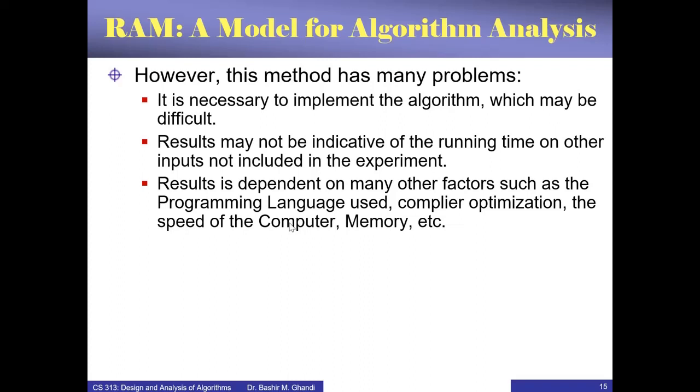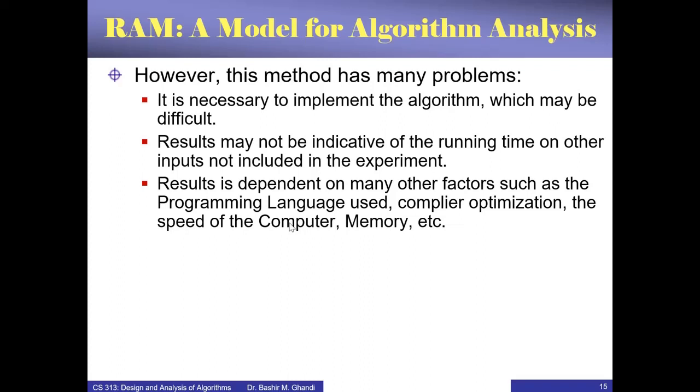It's more likely to be faster than if that code was compiled using Java, because Java doesn't compile into machine code. It compiles into byte code, and that byte code has to be converted by the runtime system into machine code before it can actually be executed.